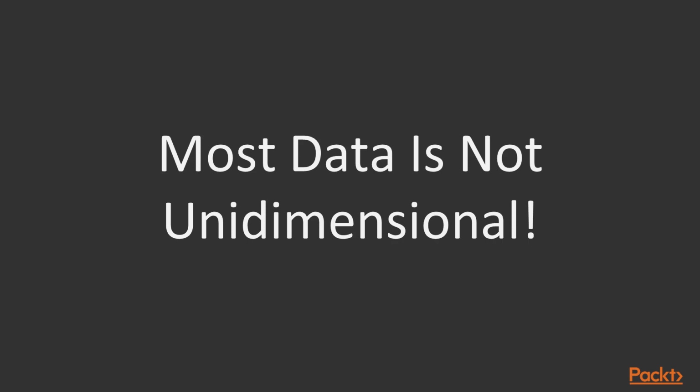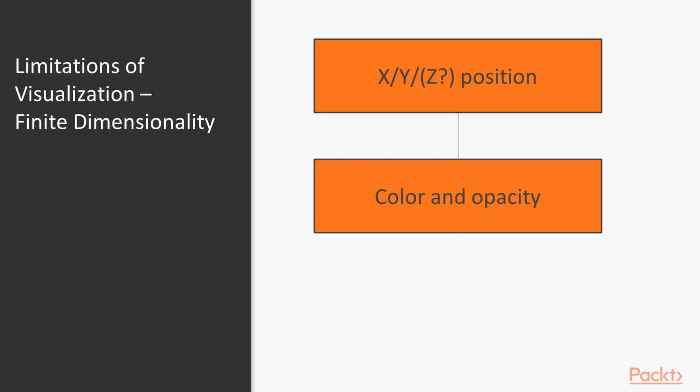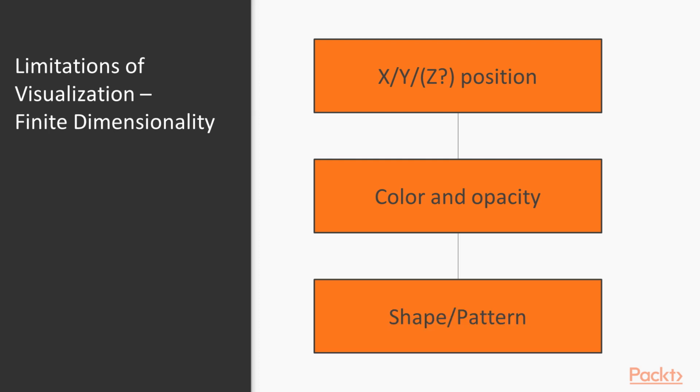Most data actually has multiple dimensions to it. And when it comes down to visualizing, we only have a handful of dimensions to work with in order to visualize multidimensional data. We have the position of our data points or our curves, we have the color and opacity of our data points, and we have the shape or pattern of markers, lines, or curves.